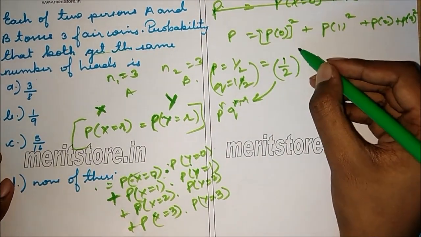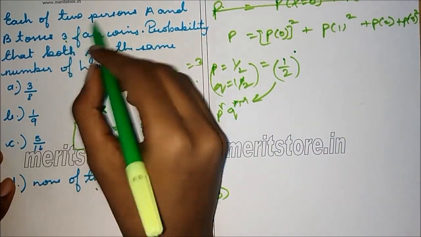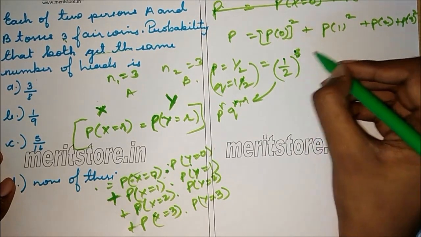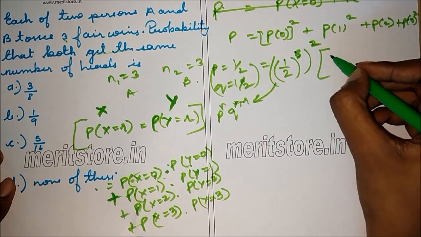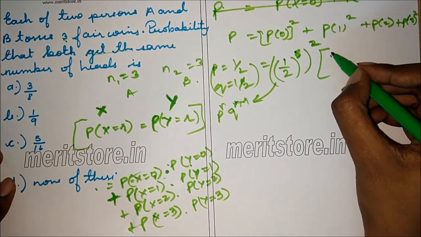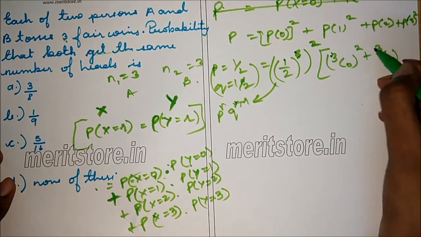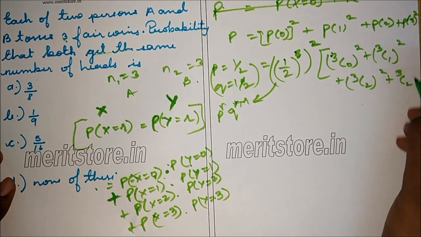So this will be half raised to the number of tosses, which is 3, so half raised to 3, the whole square taken out. P of 0 is nC0, that is 3C0 square plus 3C1 square plus 3C2 square plus 3C3 square.